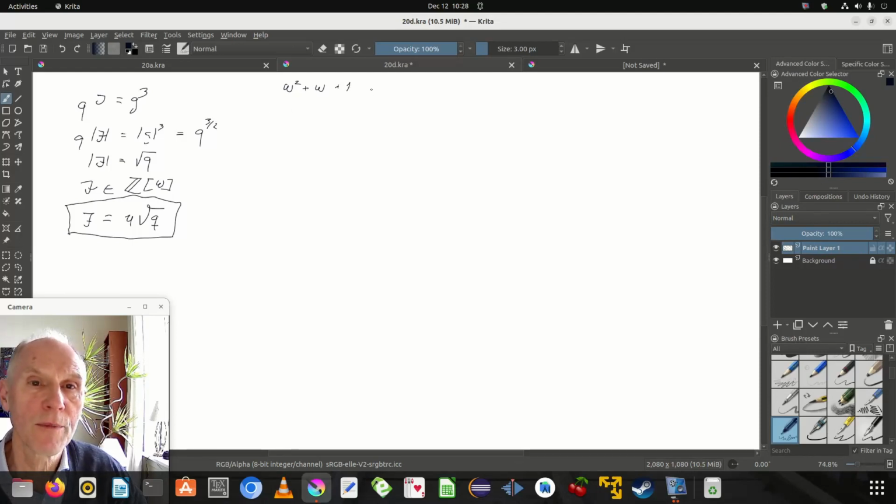Does it have a solution? And the discriminant is 1 minus 4. So we must look at the symbol.